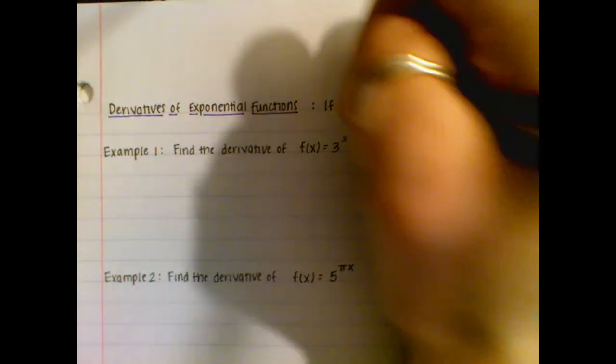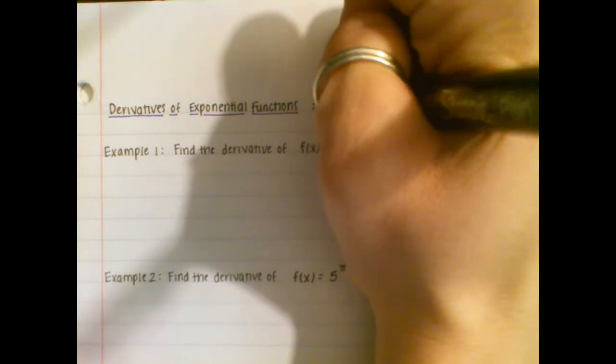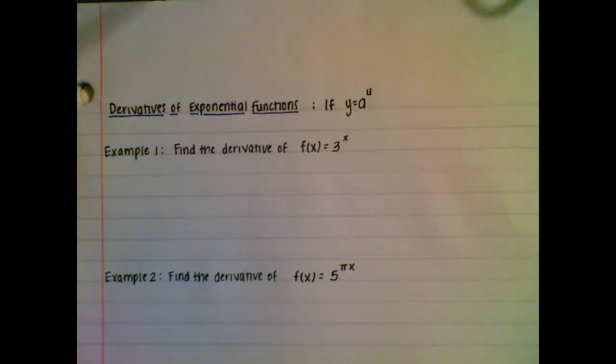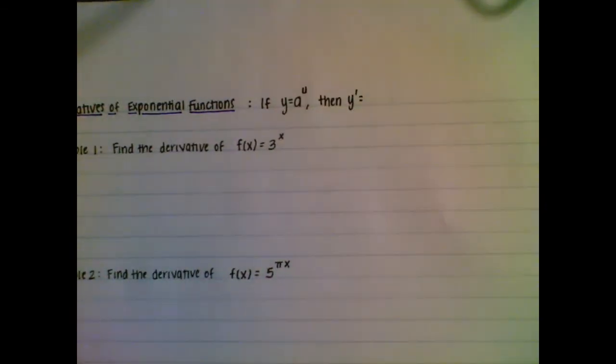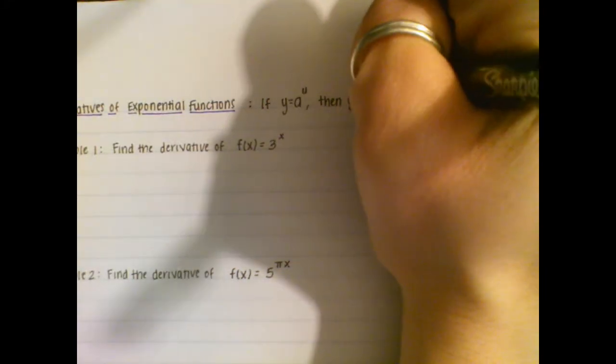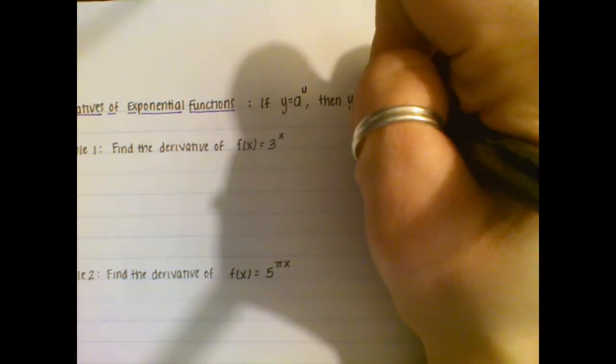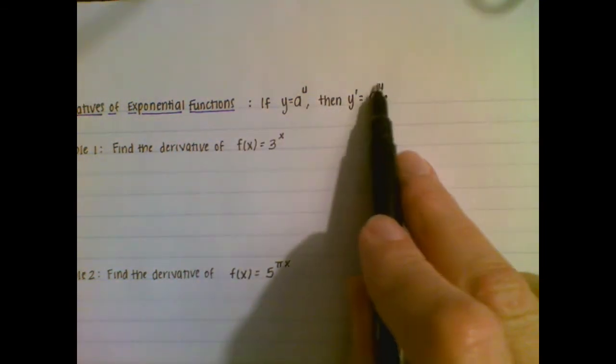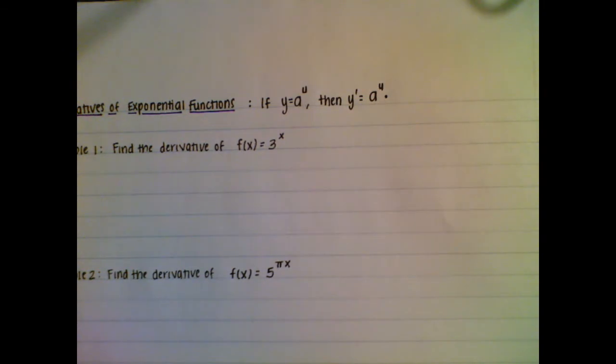if we have some exponential function, y is equal to a to the u power, then our derivative, y prime, is going to be equal to, and you'll notice that this kind of seems familiar from our base e, our exponential function a to the u, but then we need to take the derivative of whatever's in our exponent.